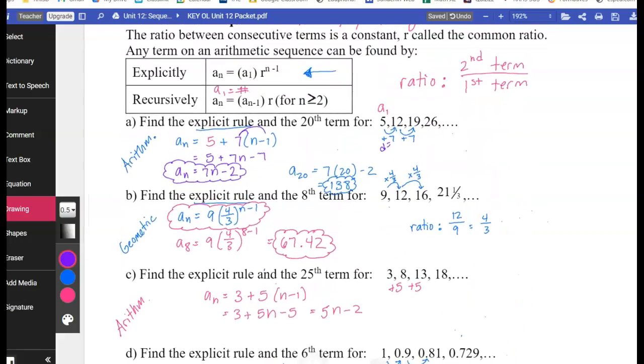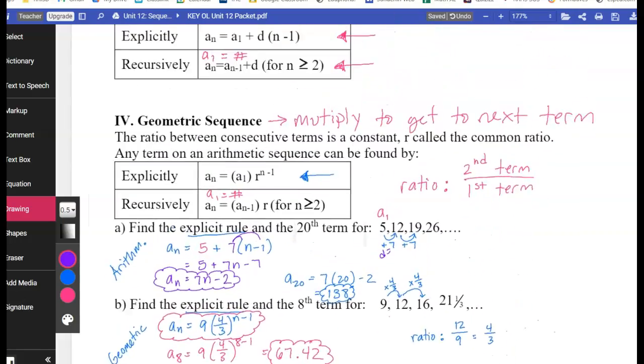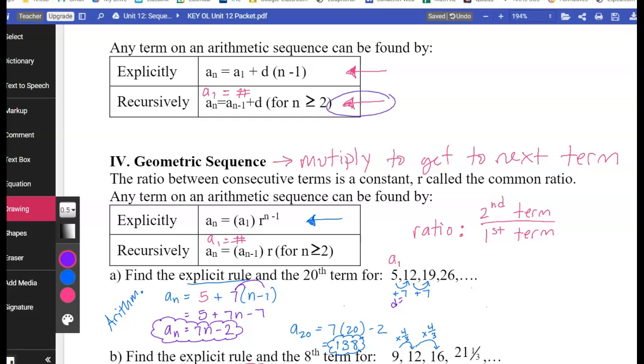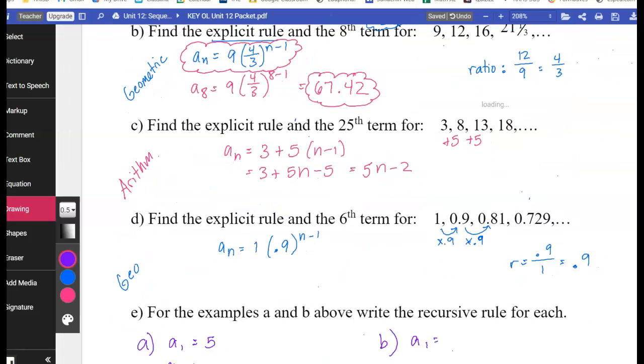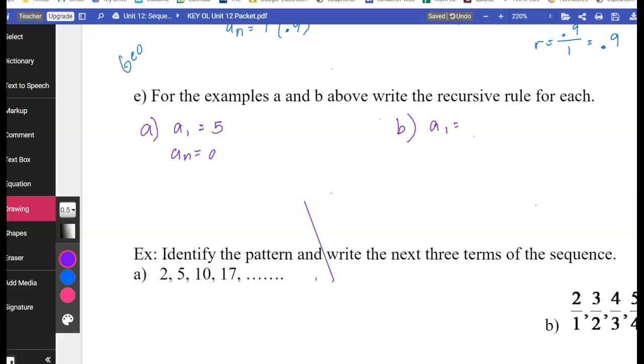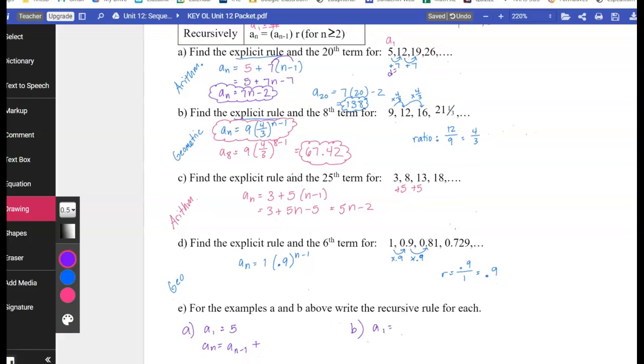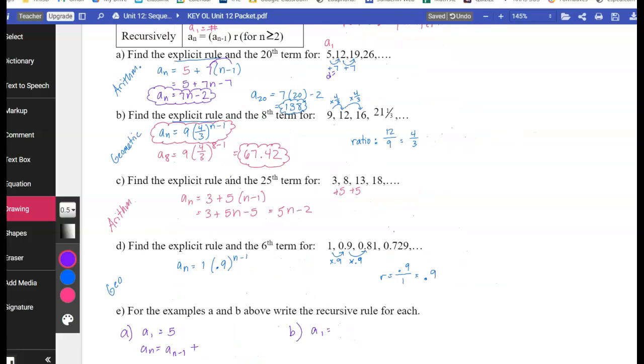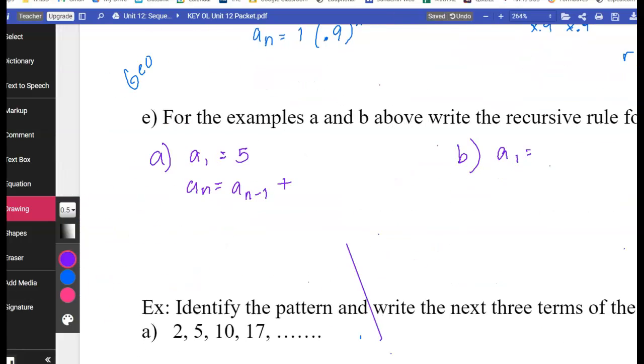So I look up here, part A was arithmetic, so I'm using this formula. A sub n is equal to a sub n minus 1 plus d, and our common difference for part A was 7. So I just put plus 7. And boom, that one's done.